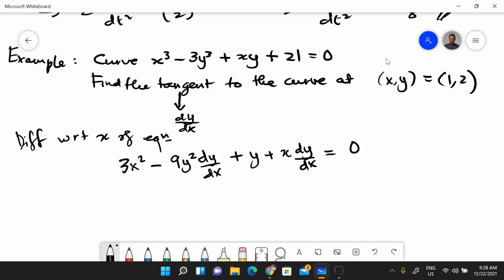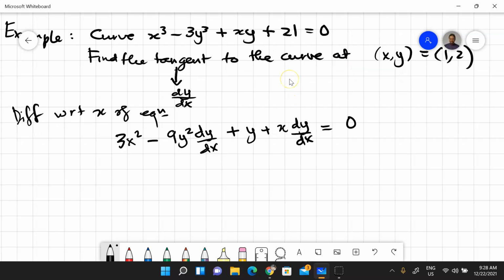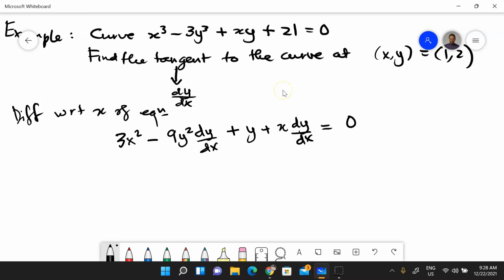But luckily we are asked to find the tangent to the curve at a particular point where x equals 1, y equals 2, and you have seen the earlier example where once you put values in, it becomes easier. So let us just do that, substitute values.